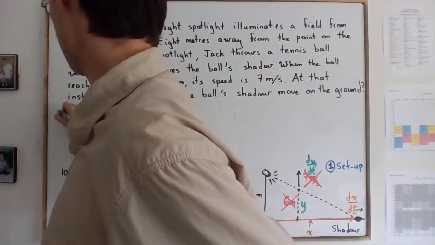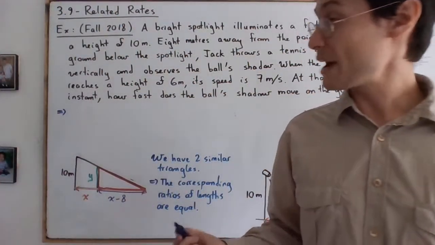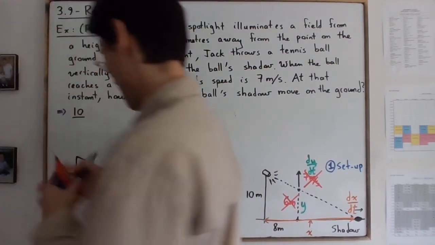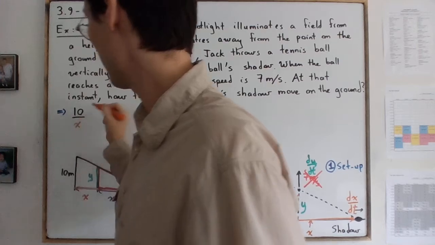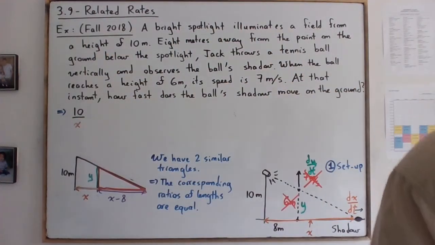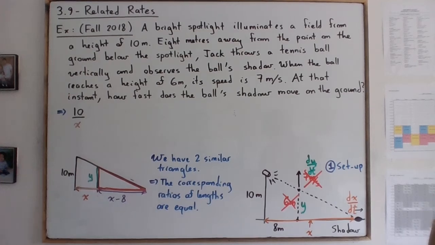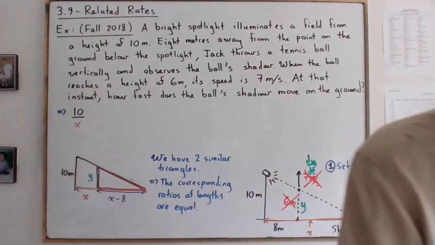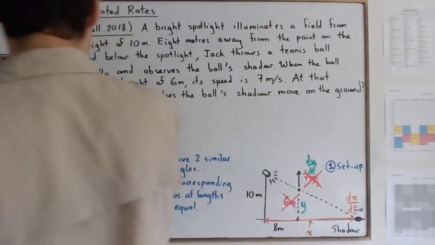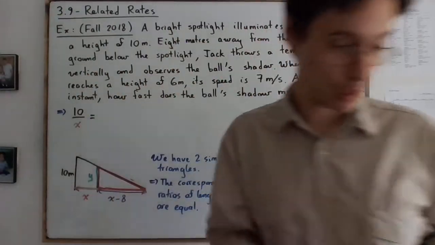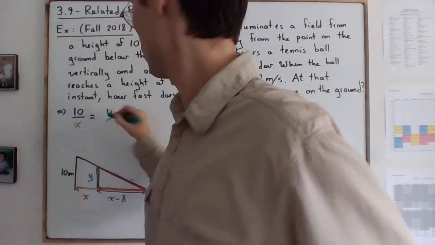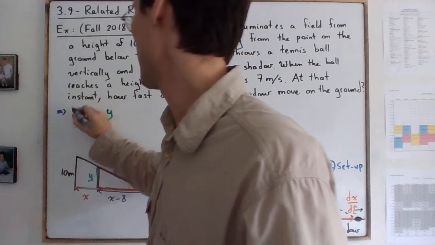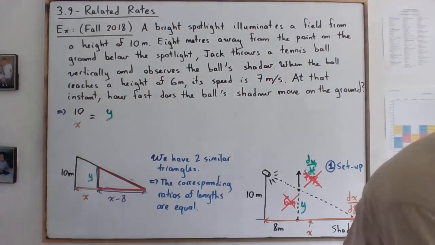So what it means, and fortunately I'll be able to erase the diagram right after, is that 10 divided by x, so 10 over x, will be equal to y divided by x minus 8. And actually, yeah, the 10 is here, and this is over x minus 8.